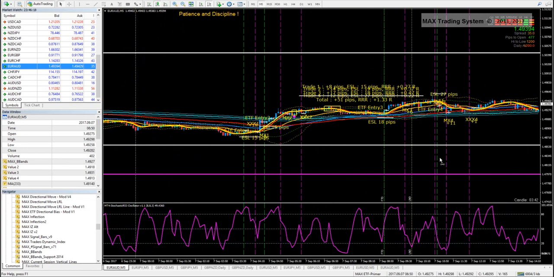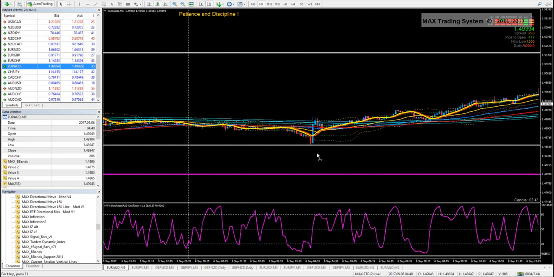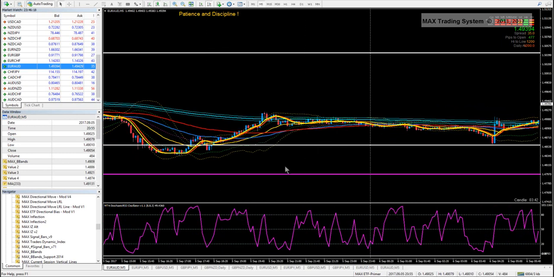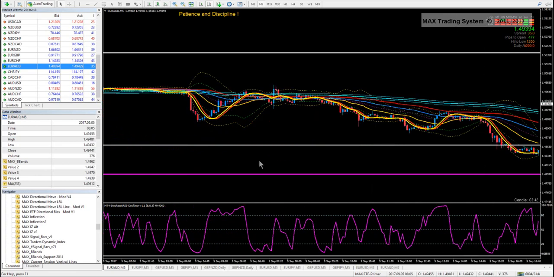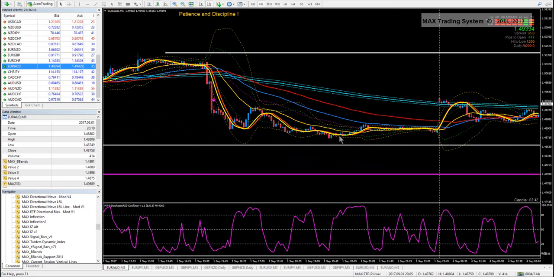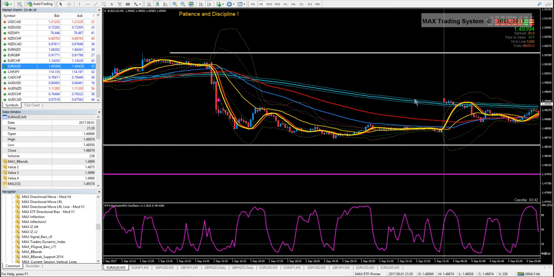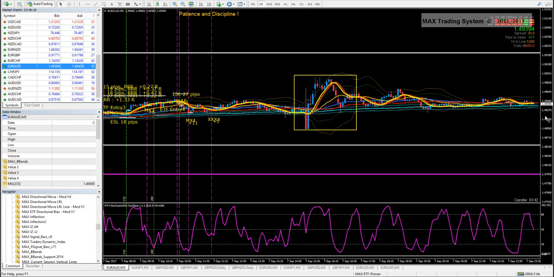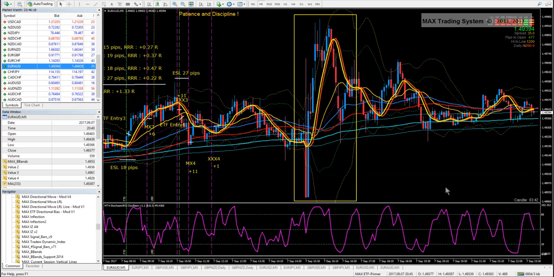These levels were drawn last weekend, and you can see during the Asian session yesterday, the price touched that level and nicely respected it when it approached. So, a small movement, but still a profitable trade with the Max ETF.